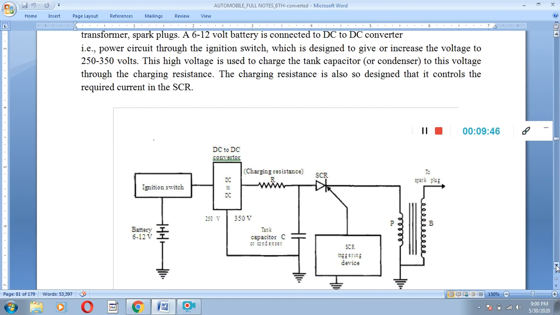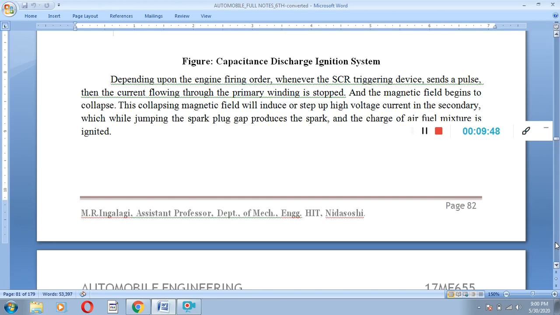The charging resistance is designed so that it controls the required current to the SCR. Depending upon the engine firing order, when the SCR triggering device sends the pulse, the current flowing through the primary winding is stopped and the magnetic field begins to collapse.